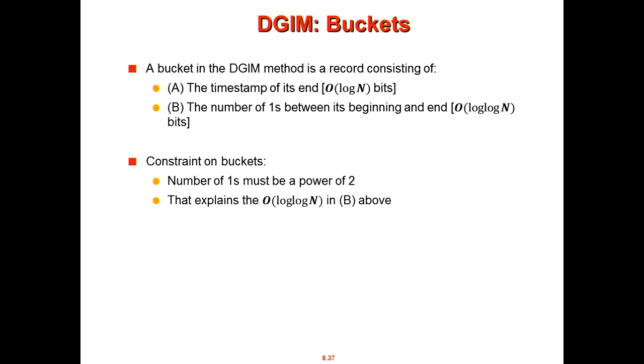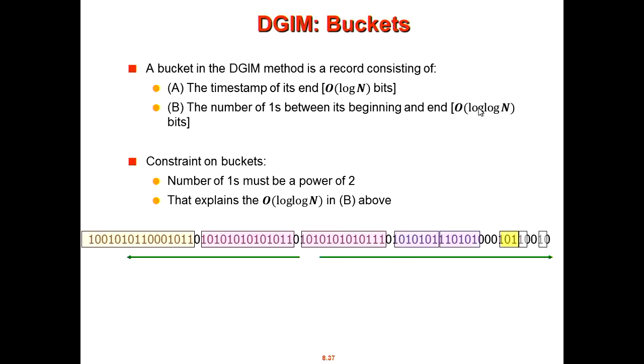Its end will be utilized to check whether a bucket is out of the current window. If it is out of the current window, we can discard it. And another is to store the number of ones in this bucket. But the number of ones in this bucket is O(log n) space cost, because we make the number of ones a power of 2. So that's why it's log n. You can think about why it's like that.